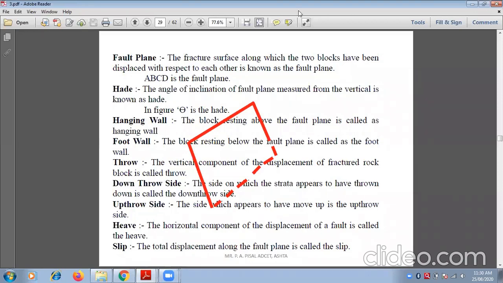So the fault plane is nothing but a fracture plane along which the two blocks are moved away from each other or in the opposite direction. Now we will see other terms.